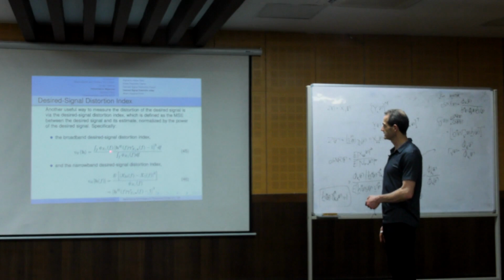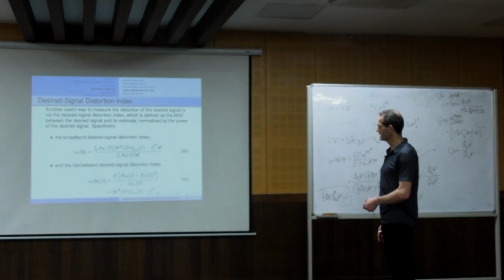Let's see the narrowband first: X filtered desired minus X1, magnitude squared, expectation. This is the variance of the error, the mean squared error of the distortion, normalized with the variance of X1. We obtain this expression, the narrowband distortion index.